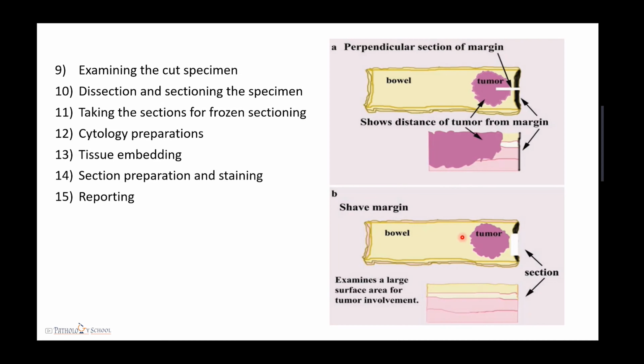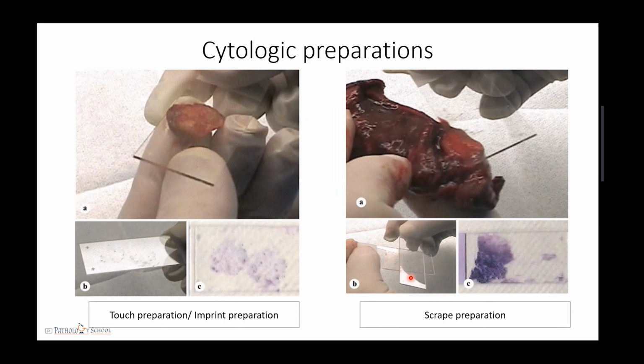If the tumor is near the resection margin, we can just take a shave margin, and it will help in examining a large surface area for seeing the tumor involvement.